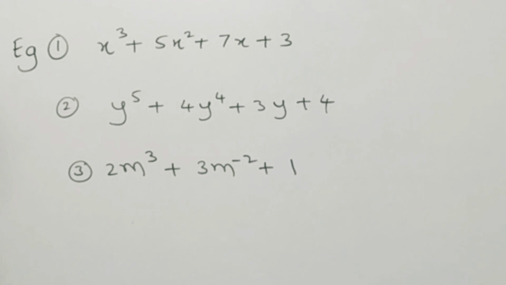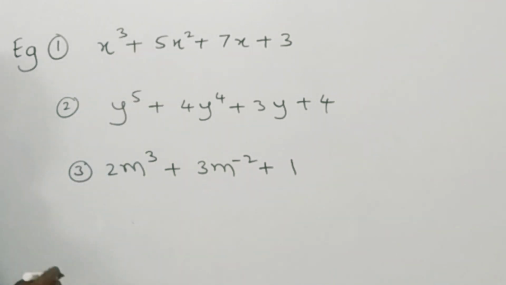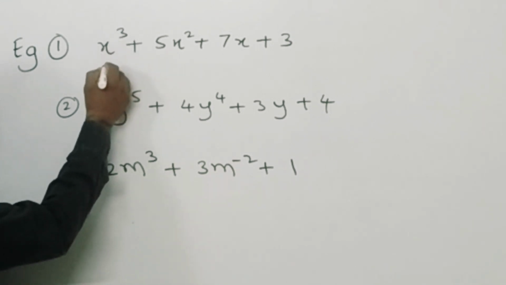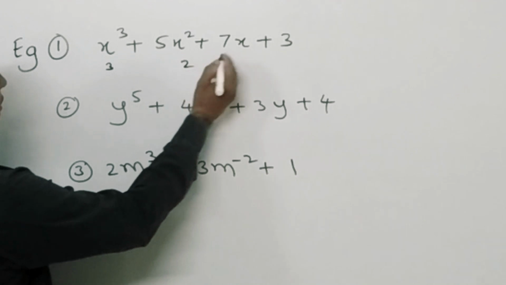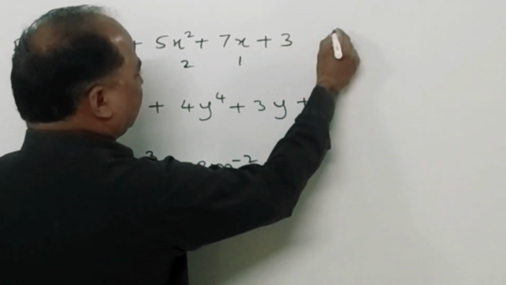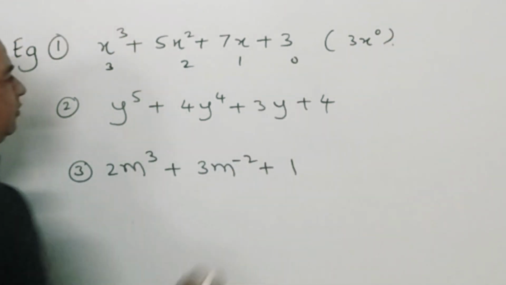Now let us identify whether the given algebraic expression is a polynomial or not. First example, x cube plus 5x square plus 7x plus 3. Here the index of each term is 3, 2, then 1, and here 3 means a constant, means 3x raised to 0, so index is 0.